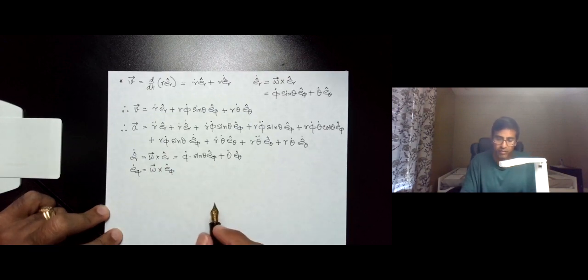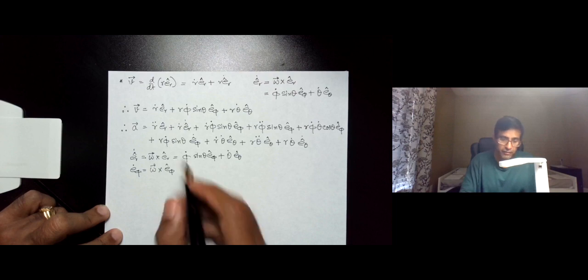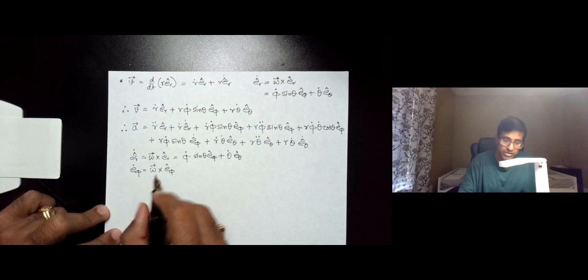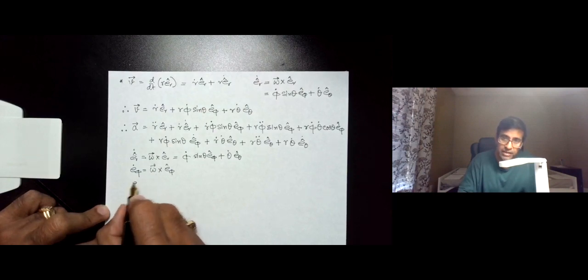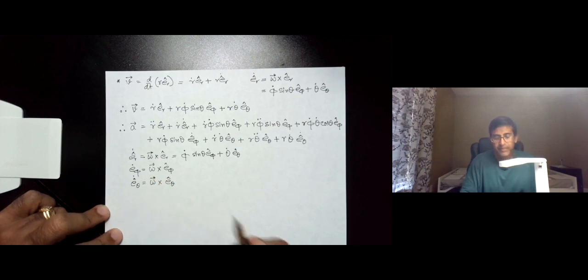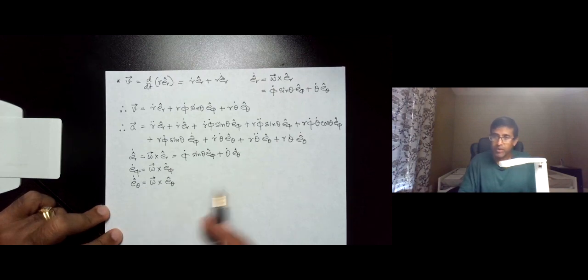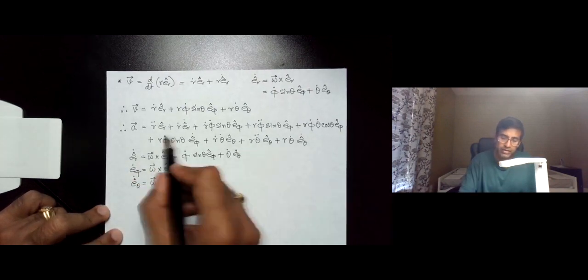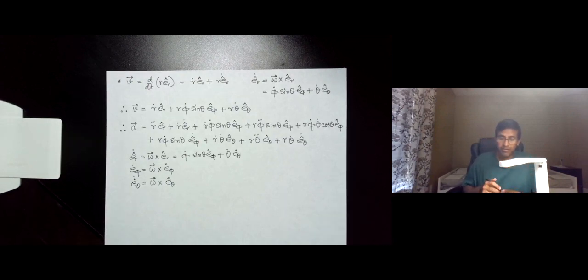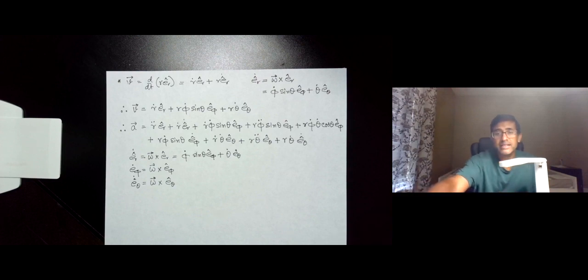We have given the expression for omega in the last page of these notes. And similarly, E theta dot is going to be omega cross E theta. And once you carry out all these cross products, you can plug them in here to get the overall expression for the acceleration of a particle when the particle's position is expressed using the spherical coordinate frame.